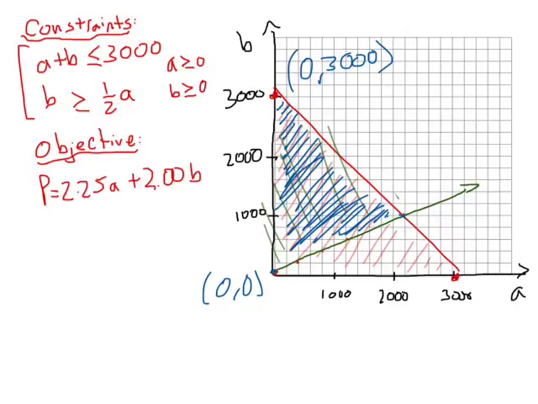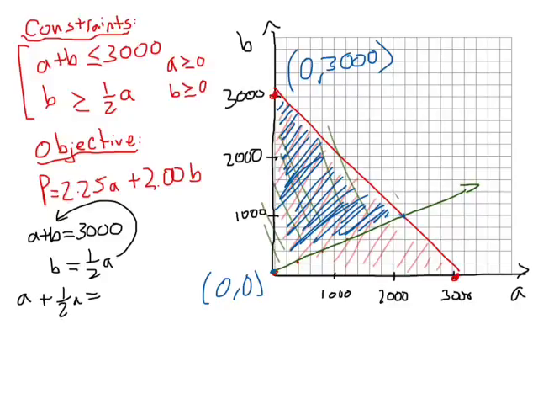So let's take our system. A plus B equals 3,000. And we have B equals 1/2 A. Let's substitute, and we're going to put 1/2 A in for B. A plus 1/2 A equals 3,000. And so adding, we get 3/2 A equals 3,000. And let's multiply both sides by 2/3.